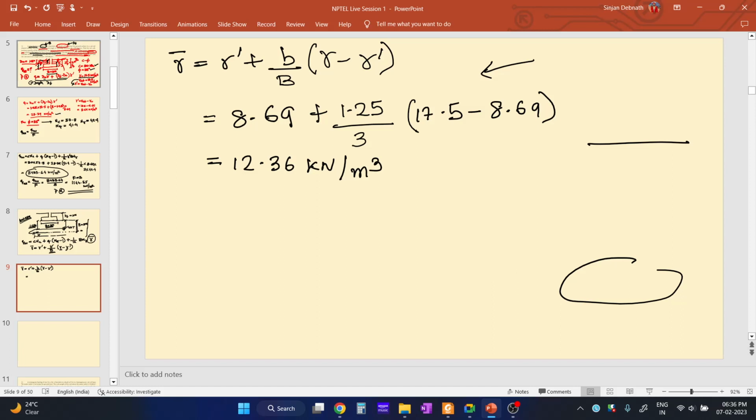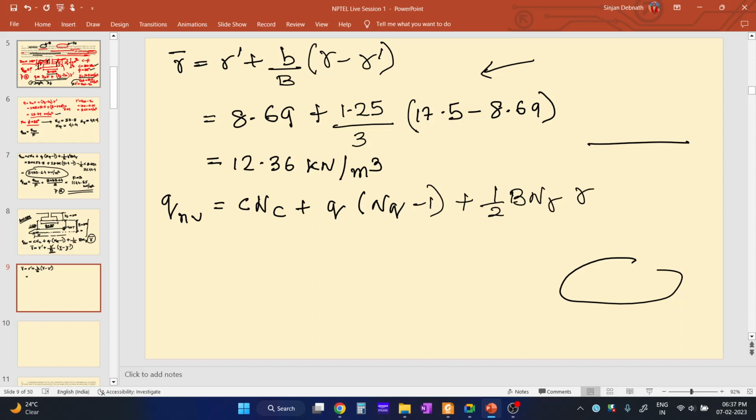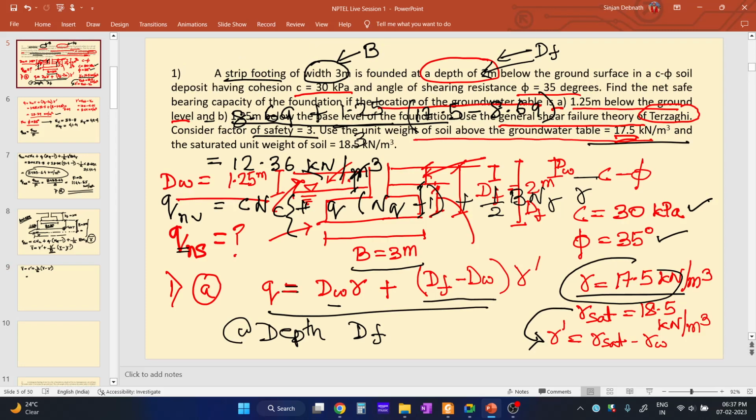Now, what is the formula for qnu? qnu is cNc plus q(Nq minus 1) plus half B N gamma times gamma dash. Putting all the values in this equation: the value of c is 30 kPa.